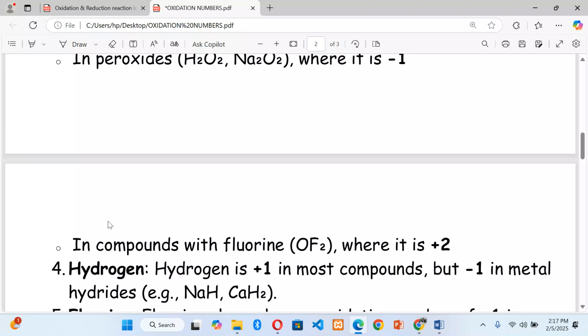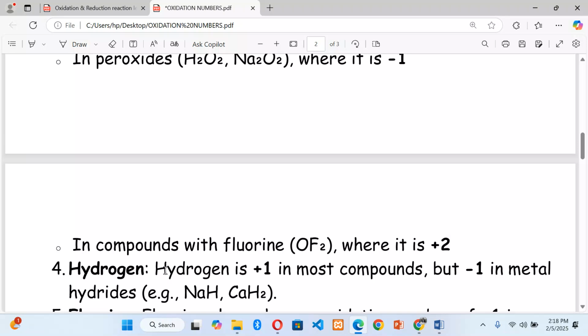Another exception is when oxygen is in compounds with fluorine, like oxygen fluoride, where its oxidation number is +2. So those are the exceptions: peroxides, and compounds with fluorine. But generally its oxidation number is -2.